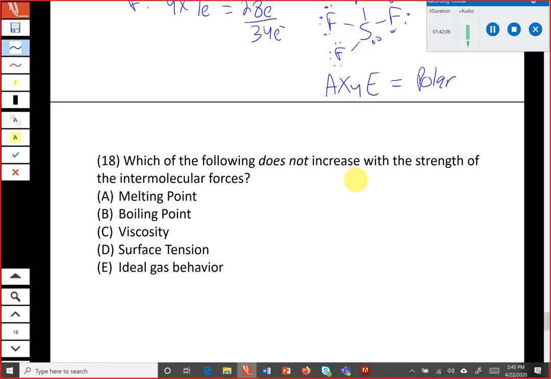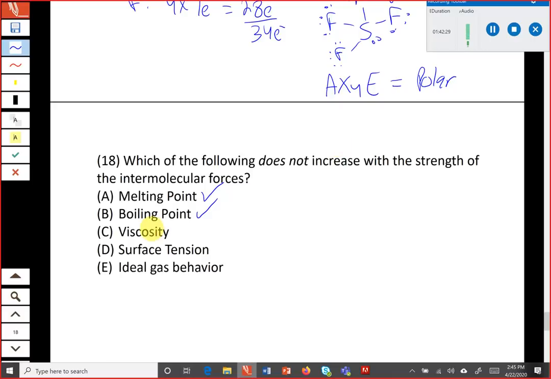And similarly, if you have a liquid phase with stronger intermolecular forces, it's going to require a higher temperature to break up those molecules and send them into the gas phase, and thus the boiling point is also higher. So both the melting point and the boiling point increase when you have stronger intermolecular forces, so that's not going to be our answer.